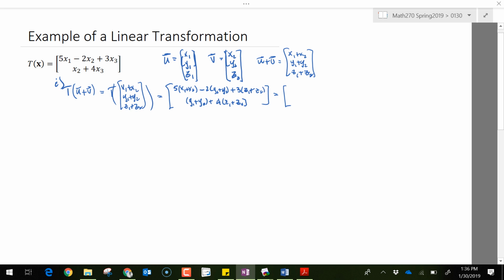So I'm going to do a couple of steps here. 5x1 minus 2y1 plus 3z1 plus 5x2 minus 2y2 plus 3z2.